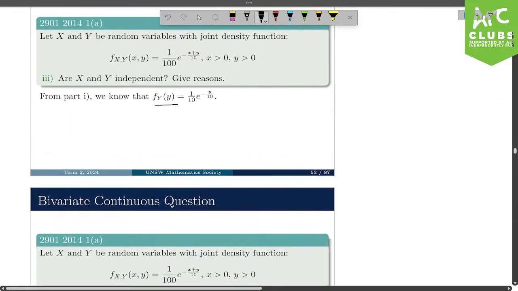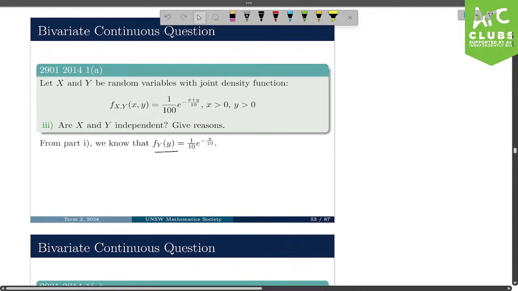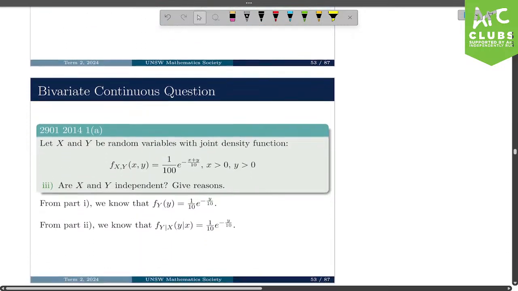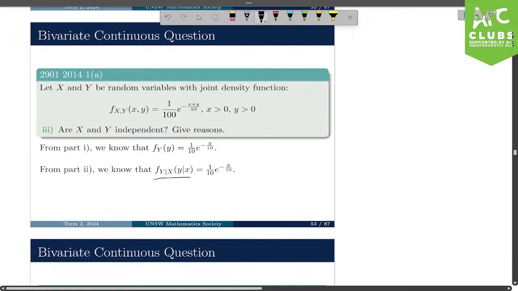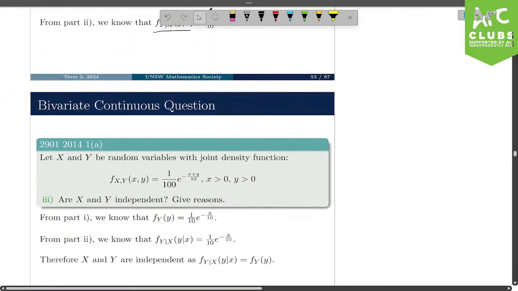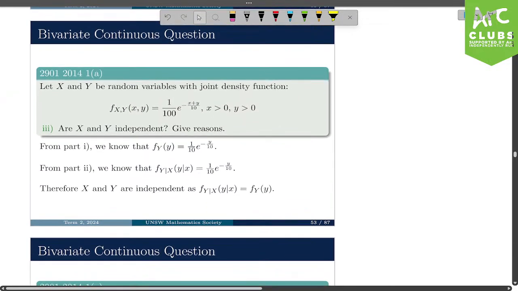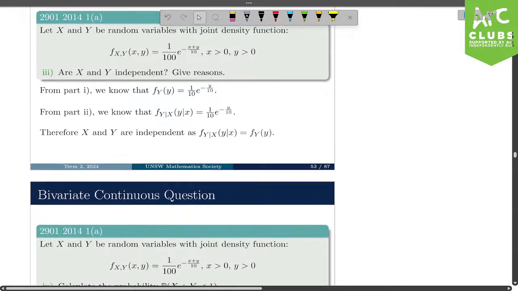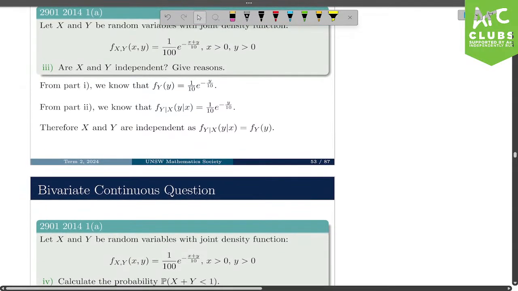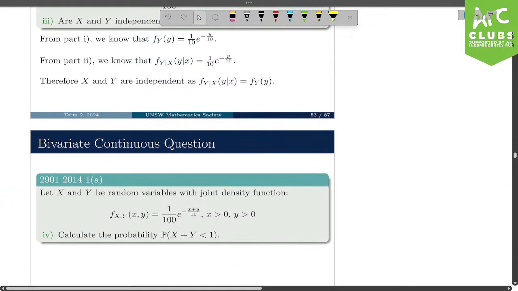Well, we know that the marginal density function is given by our value right here. We know that our conditional probability density function is given by this, and whoop-de-doo, they are the exact same numbers. And so, therefore they must be independent, as per our equation. Now, how are we going? Are we happy with it? All right, fantastic. Let's keep on moving.